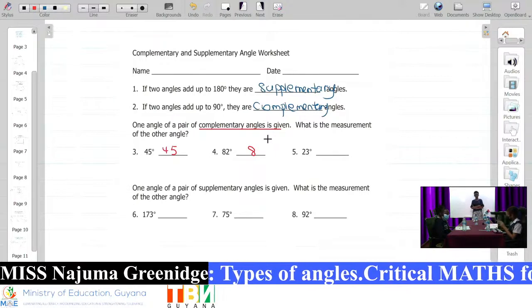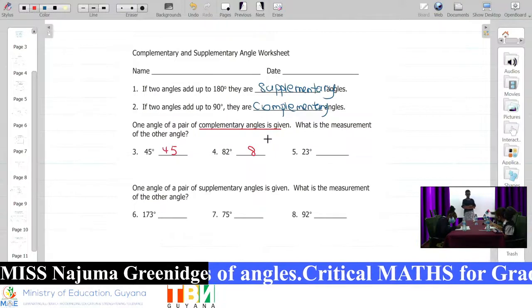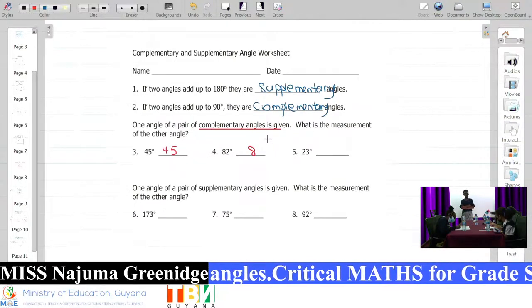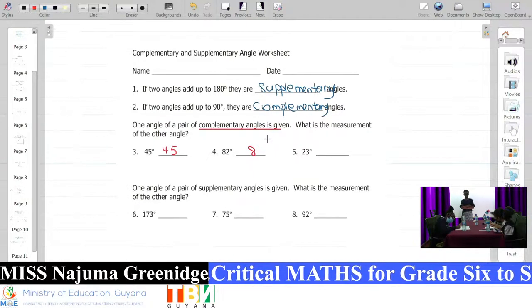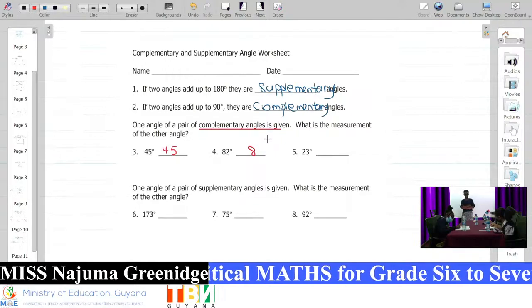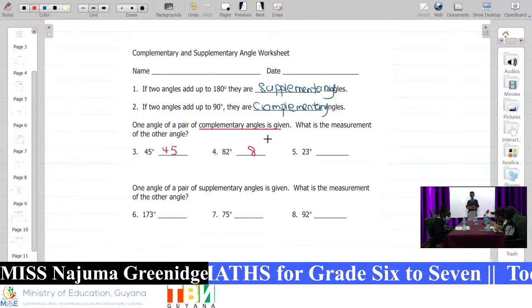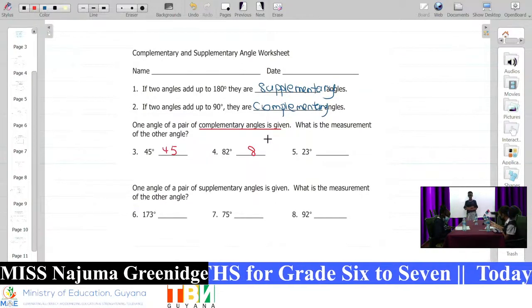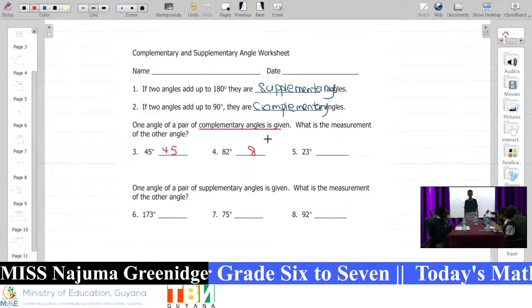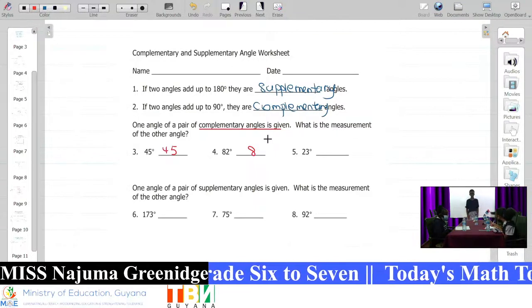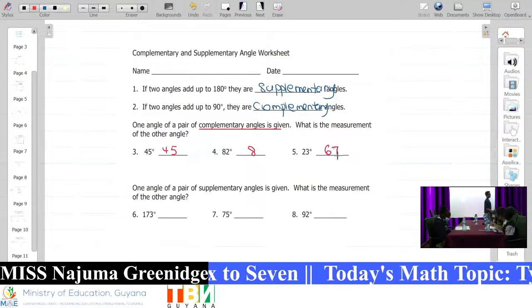Check it one more time. Come on, there's a 7 in there. 67. Great.